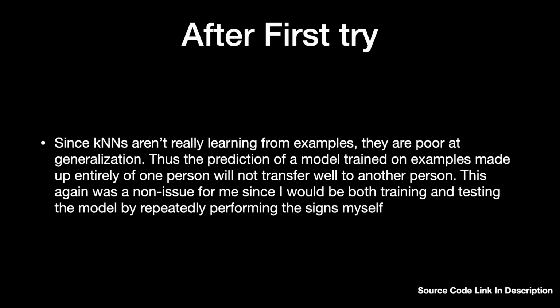Since KNNs aren't really learning from examples, they are poor at generalization. Thus, the prediction of a model trained on examples made up entirely of one person will not transfer well to another person. This again was a non-issue for me since I would be both training and testing the model by repeatedly performing the signs myself. Here's a high-level view of how the system works start to end.